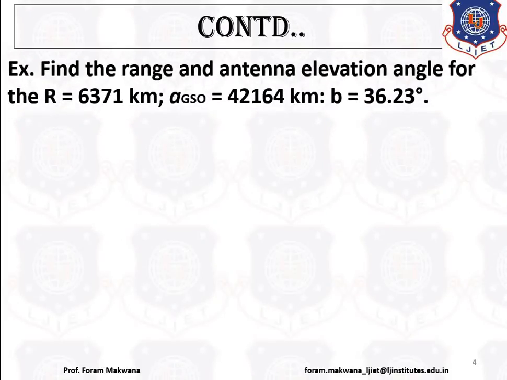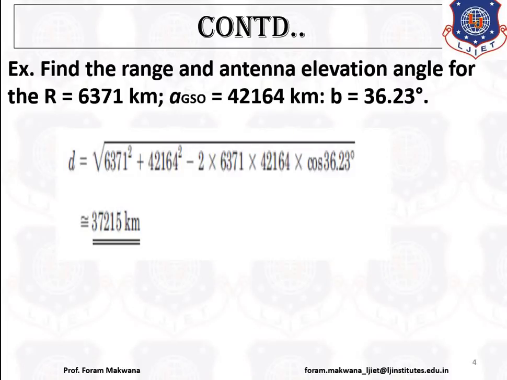Example: find the range and the antenna elevation angle for the radius of earth, which is given as 6371 km, AGSO, that is the radius of geostationary orbit, 42164 kilometer, and the value of B is already given, that is 36.23 degree, right? First we are going to calculate the value of small d, using the previous equation, d equal to under root of r square plus agso square minus 2 r agso into cos b, right?